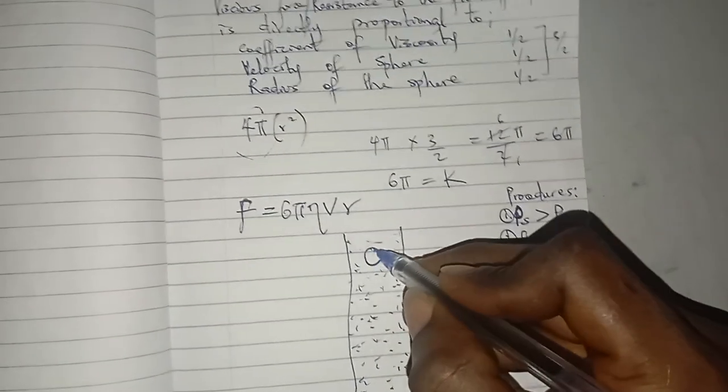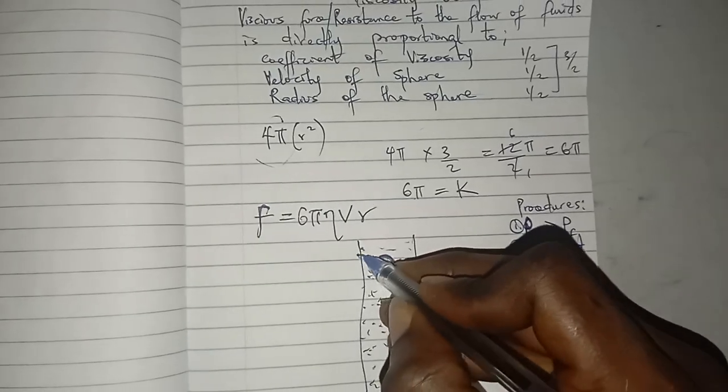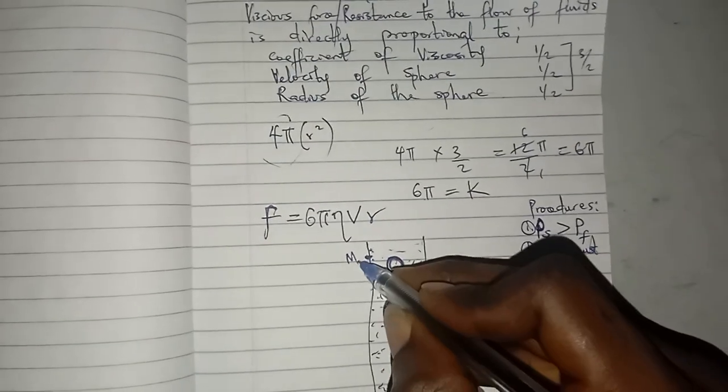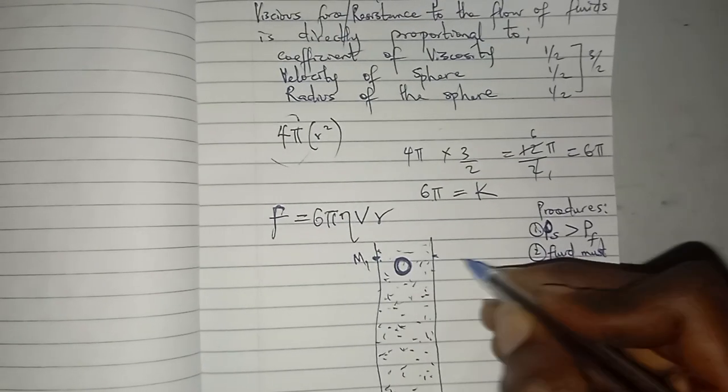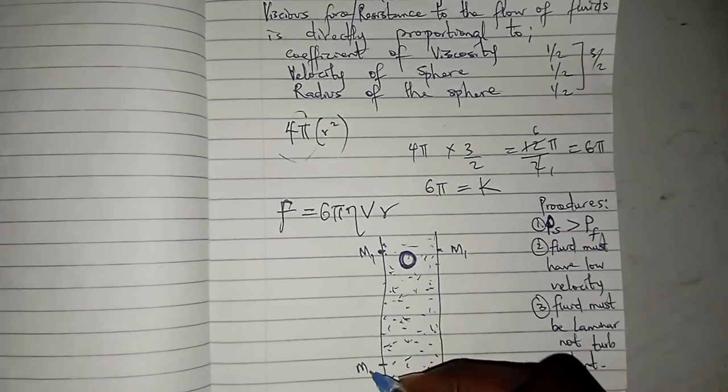So when you've done this, before you put this thing that I put here, you come and mark out any point at all. Mark out any point here, call it M1. That is with your meter rule, mark out M1. Then mark out any point down, M2.